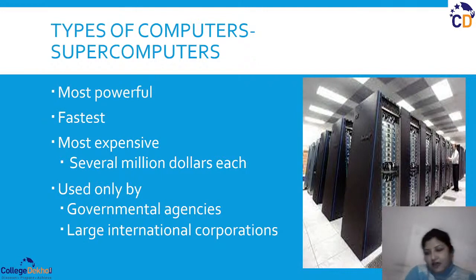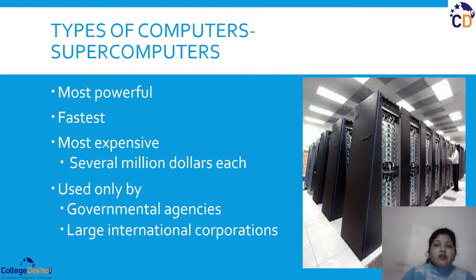So what we have learned till now: we have talked about software, the types of software, that is system software and application software. Then in later slides we learned about hardware, and we have seen input devices and output devices, and then we talked about the types of computers: personal computers, mainframe computers, and supercomputers.